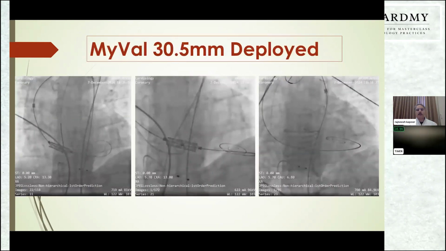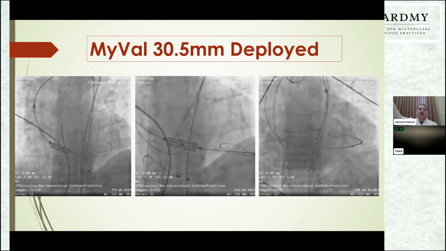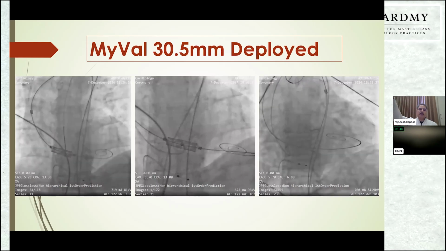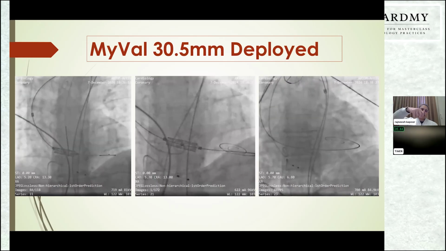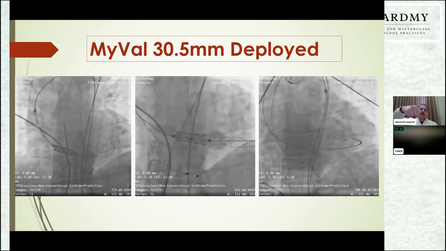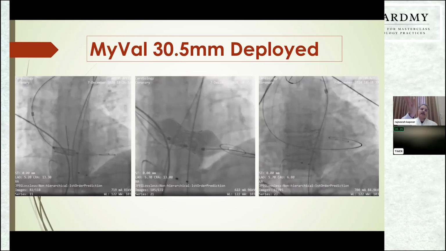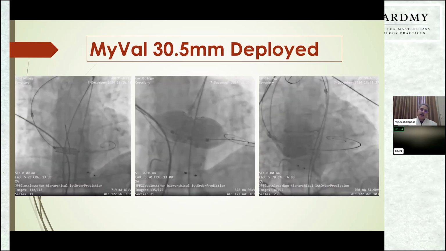So look at this. Now as we are pushing, there is a pushing motion, and second, there is a lifting motion, with another associate of mine lifting through the radial. The snare is being lifted up, catching hold of that valve, and like we lift up our baby, we lift up the valve, and I'm pushing.